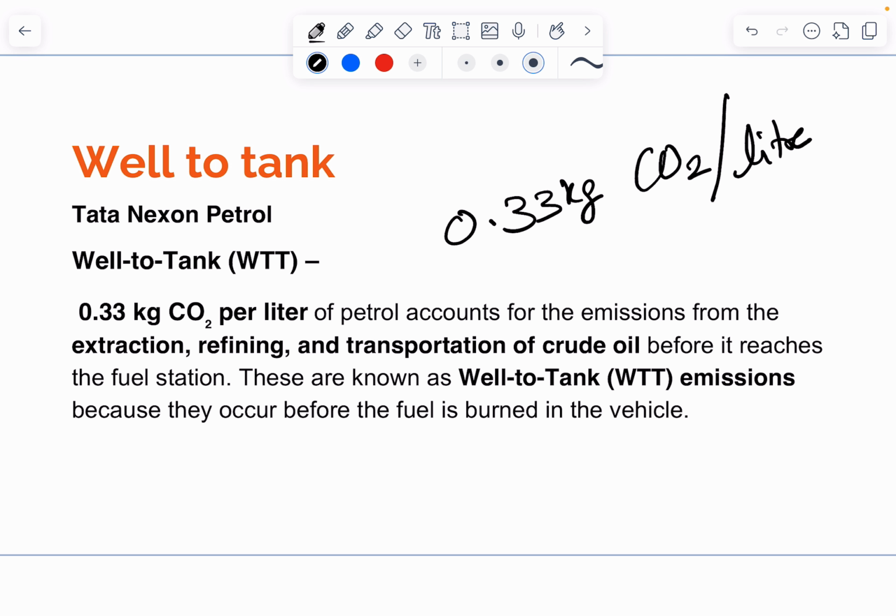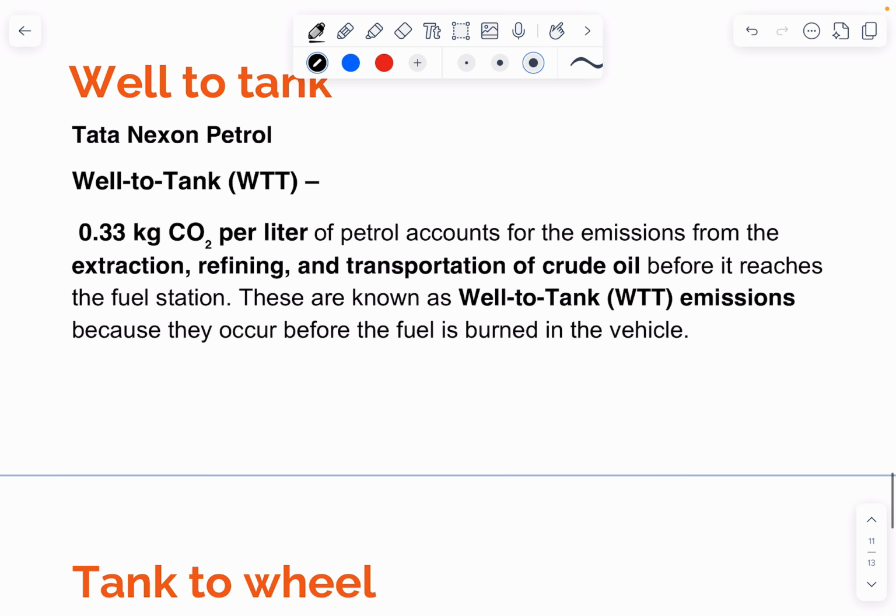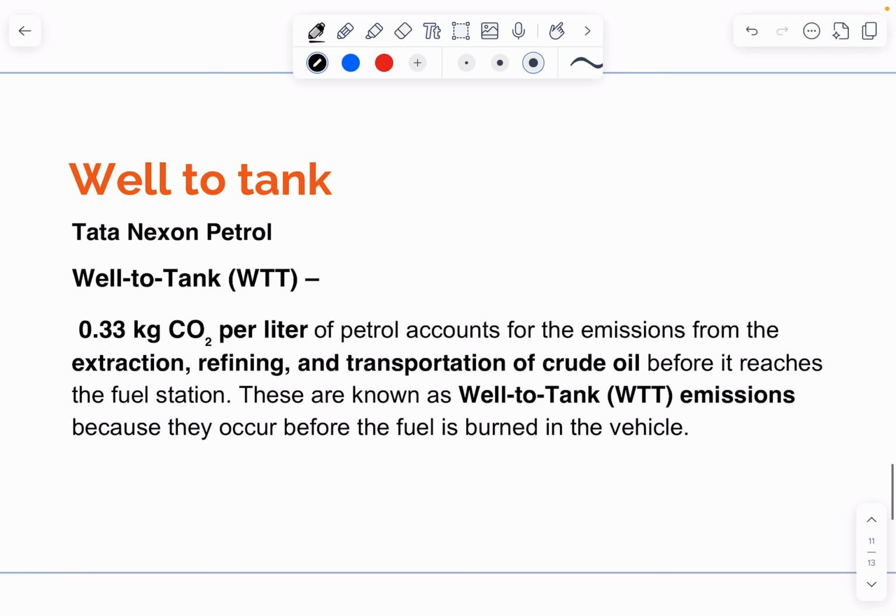Now per liter of petrol has to be converted to per kilometer of travel, again by considering the mileage of the vehicle, which is the Tata Nexon. This is what we do in the next slide. As I said, well to tank analysis would include how much CO2 would be emitted per liter of petrol exploration, which would include extraction, refining, and transportation of crude oil, before it reaches the fuel station.